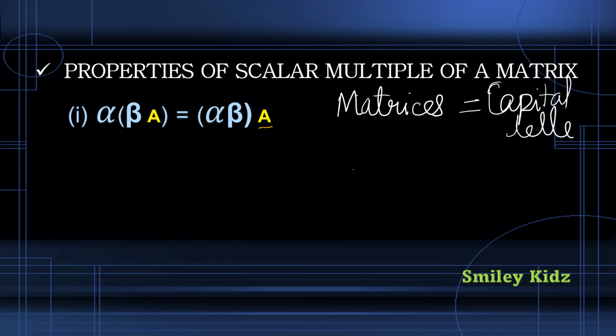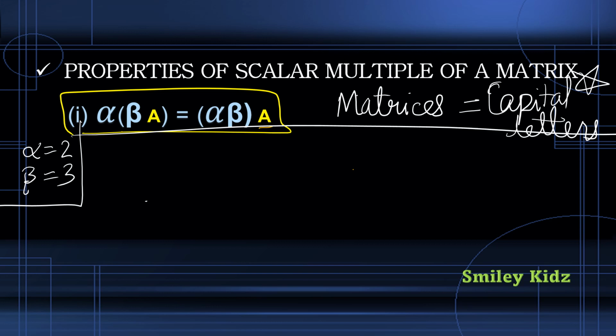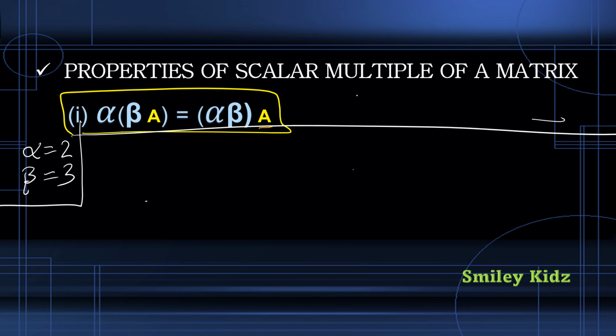Now let's implement this particular property. I'm going to take alpha as 2 and beta as 3, simply substitute them, and then add one matrix to show you this property.